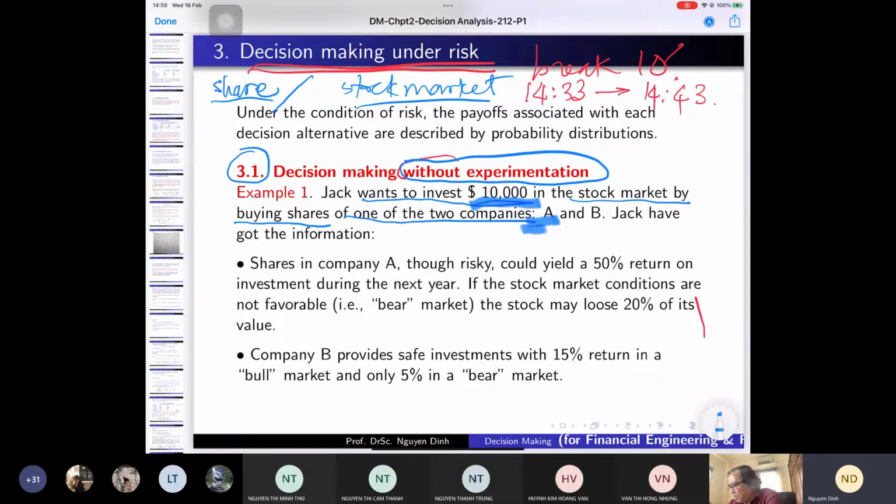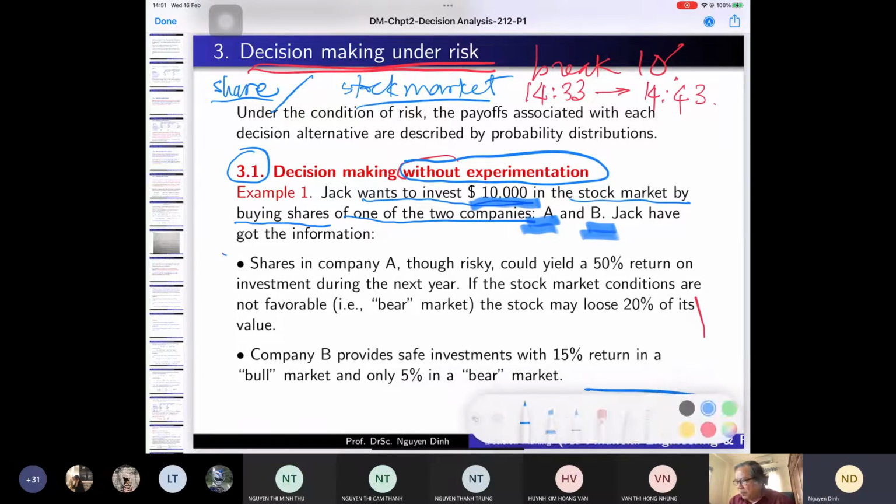And there are two companies, company A and company B. Jack has got some information. Normally the information comes from some papers on the internet, or a consultant company or something like this. So the information he got is as follows.